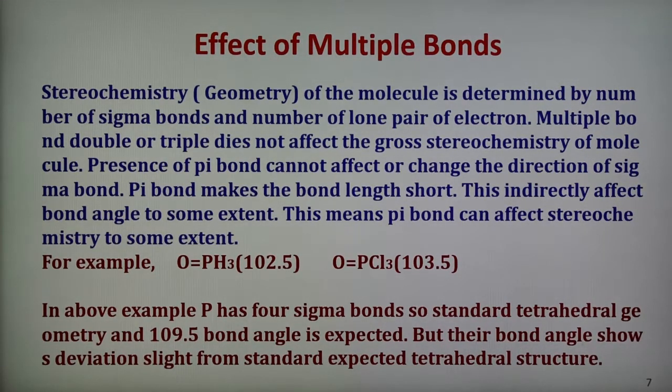We can explain this on the basis of this example. Phosphorus has 4 sigma bonds, so a standard tetrahedral geometry and a bond angle of 109.5 degrees is expected, but the bond angle shows a slight deviation from the expected tetrahedral structure. This is because double bonds are shorter.